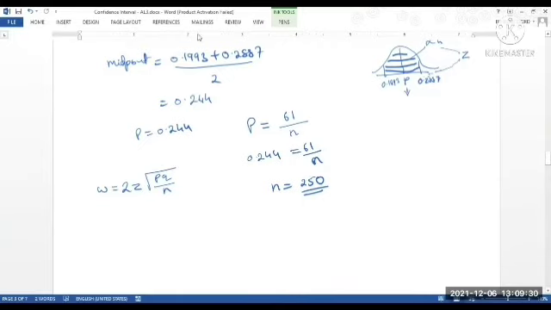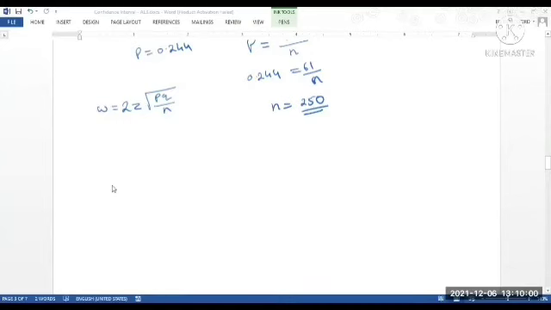So let us substitute the values. The width is 0.0894, which is equal to 2 times z under the root of 61 over 250 times 1 minus 61 over 250, the whole divided by 250.